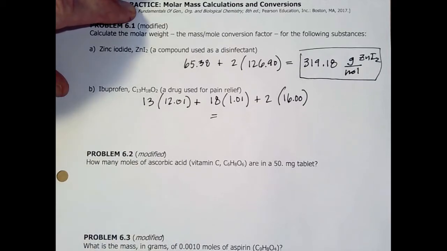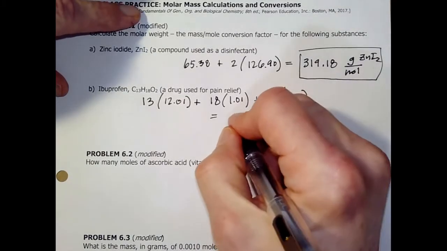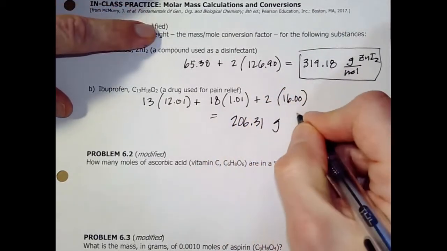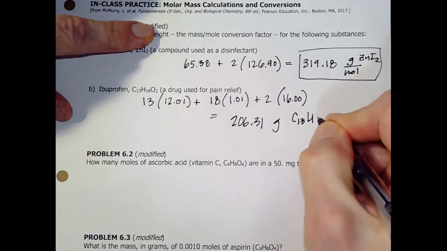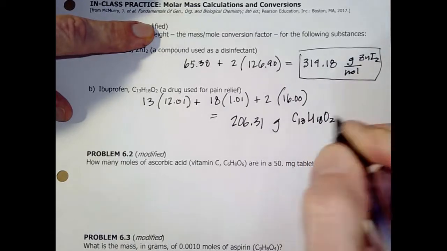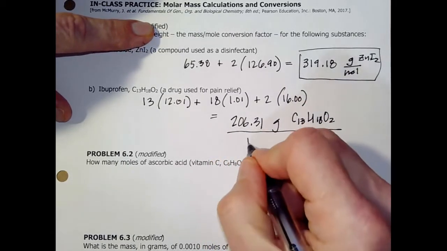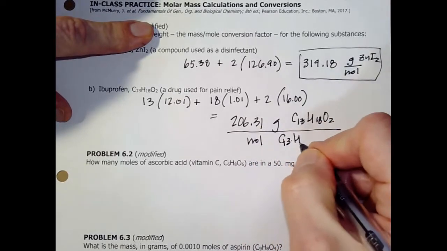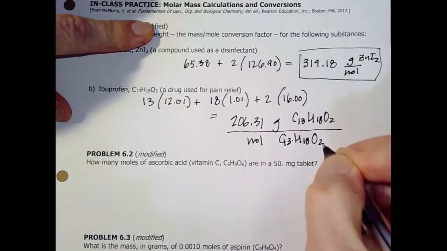Calculator stopped. 13 times 12.01 plus 18 times 1.01 plus 2 times 16 equals 206.31 grams C13H18O2 per mole. C13H18O2.